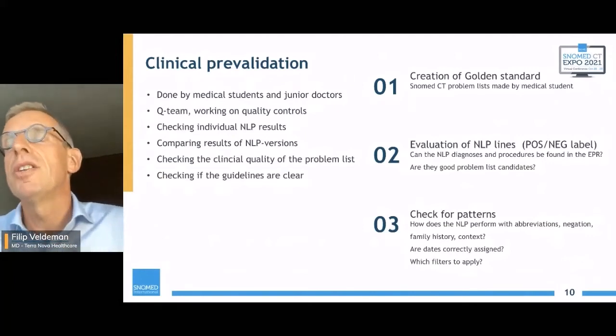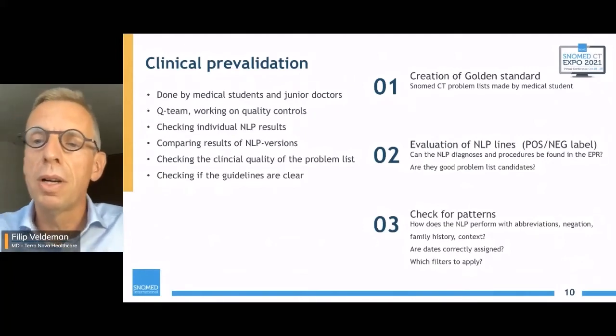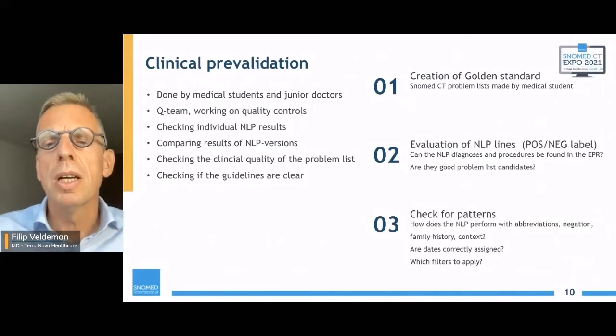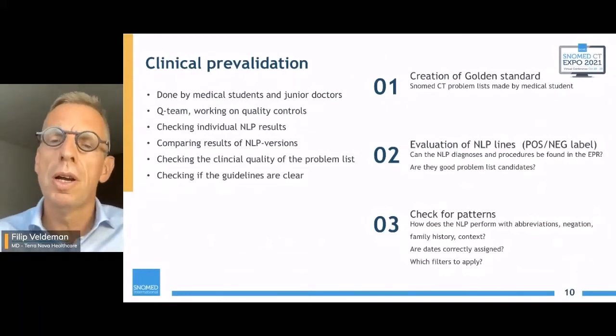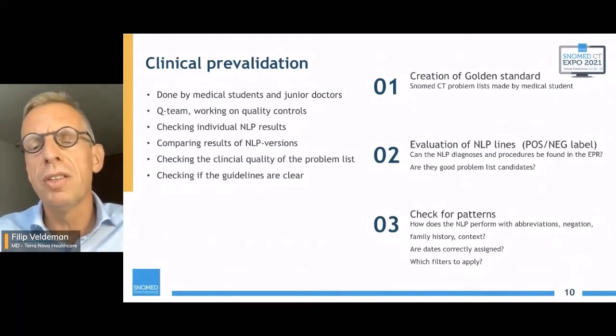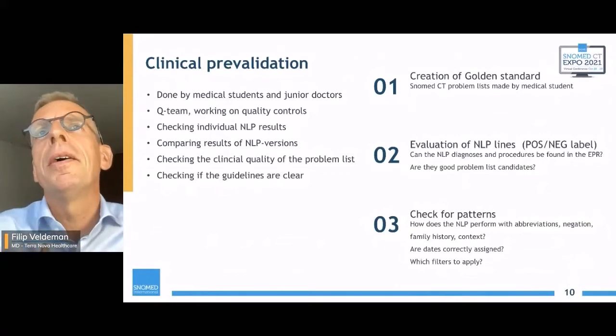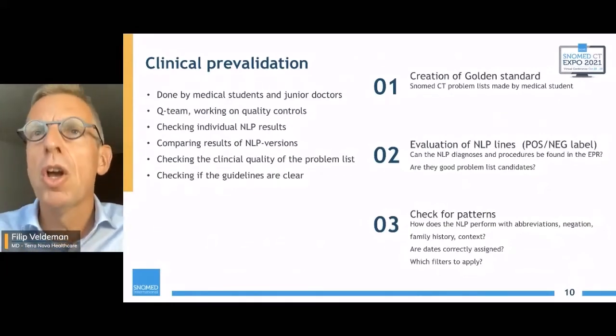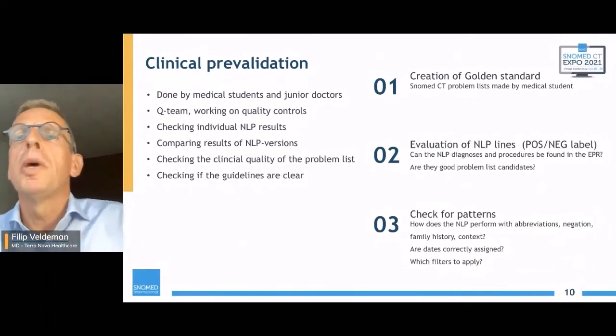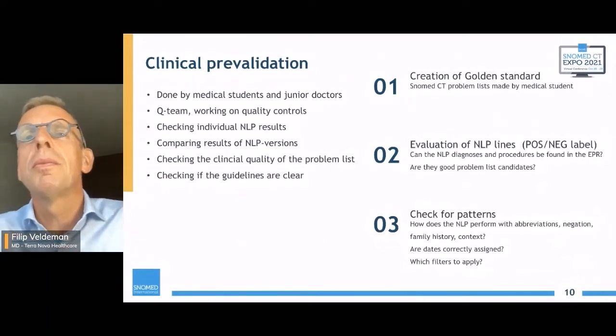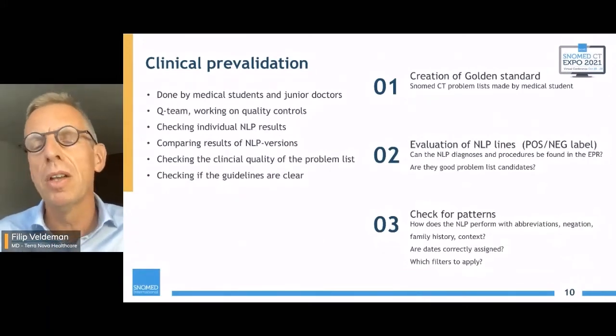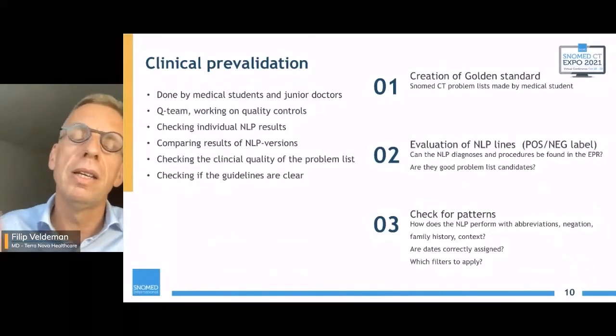Maybe a negation was missed, obviously that's a negative label. But sometimes there are also softer evaluations, in the sense that technically the NLP was good, for instance, but the term was way too vague and was no problem list candidate, so we might still leave it out.